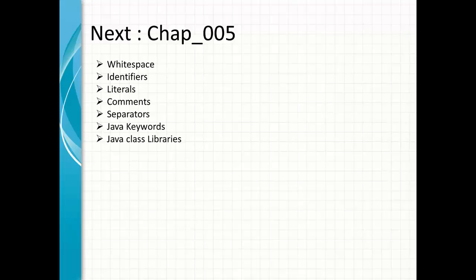We will discuss them. Then we will discuss separators. We will discuss what Java keywords are. And then we will discuss Java class libraries. So this was pretty much chapter 4. Very important, very good information. And we are going to use all this information in all future chapters.